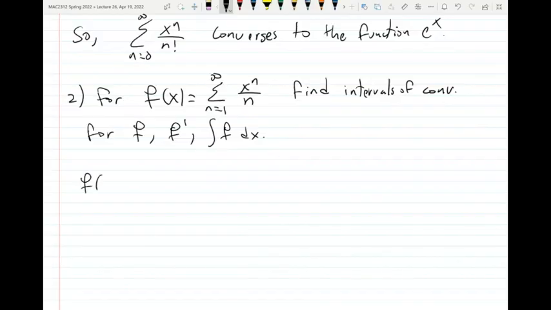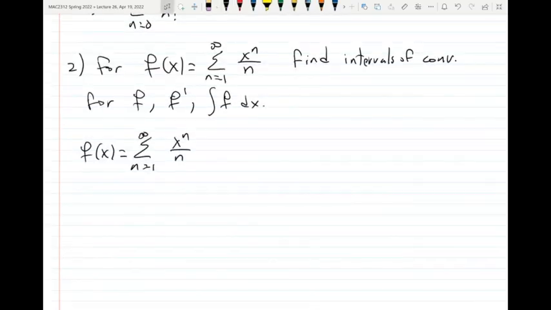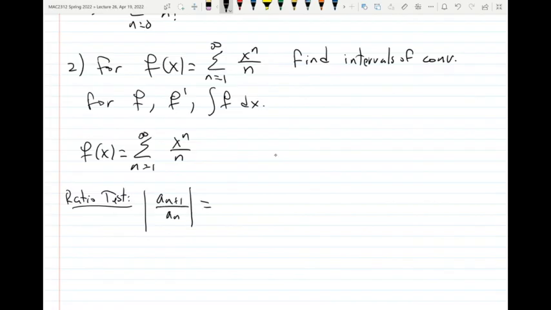So first, f of x, that's the sum from 1 to infinity of x to the n over n. So what can we use for interval of convergence? The ratio test. So we look at the ratio a n plus 1 over a n. So that will be x to the n plus 1 over n plus 1 times n over x to the n.